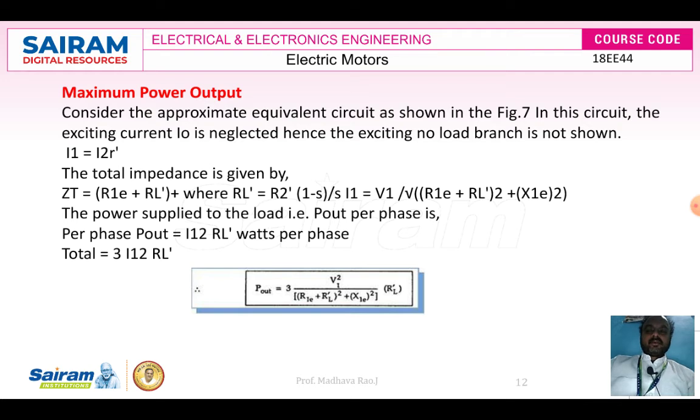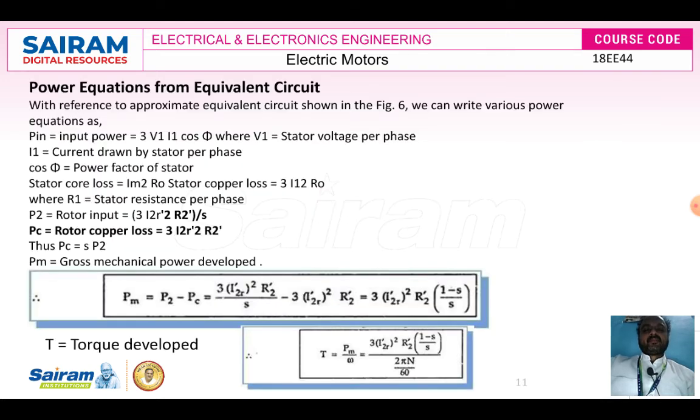So now we will see the power equation from the equivalent circuit. In the power equation, power we already know: input power is 3 V1 I1 cos phi 1.